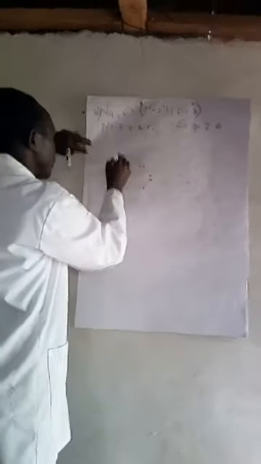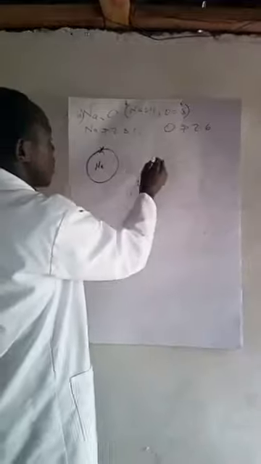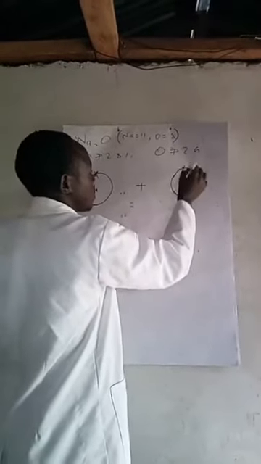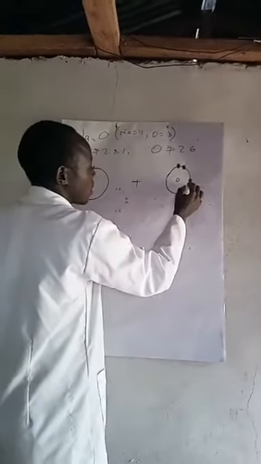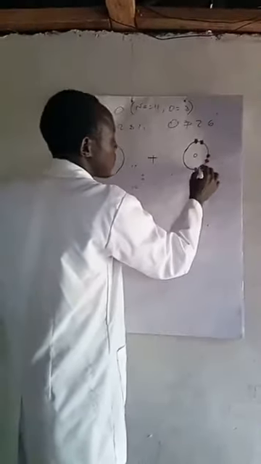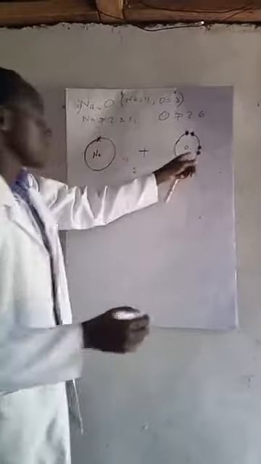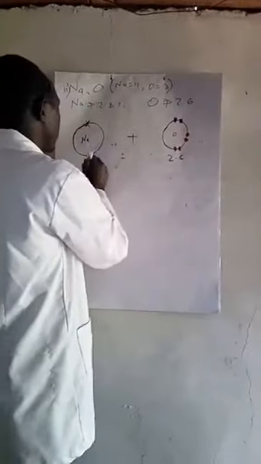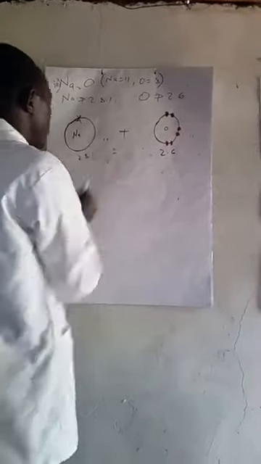So you have a sodium atom here, 1, and then you have oxygen. Let me use dots for oxygen: 1, 2, 3, 4, 5, 6. So that is the oxygen atom, 2, 8, 2, 6, and this sodium atom is 2, 8, 1.